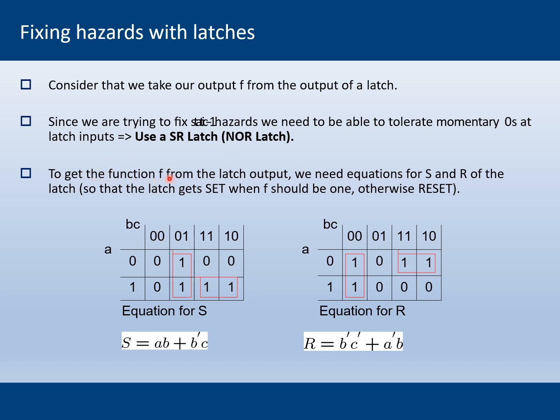To get the function F from the latch output, we need equations for S and R of the latch, so that the latch gets set when F should be 1, otherwise reset. So we are once again drawing the maps separately for finding the equations for S and R. So these are the equations for S and R from the given transition table.